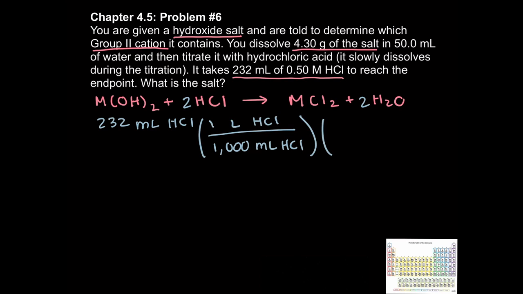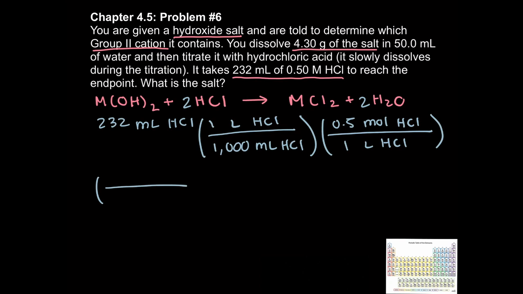Then we will convert it into moles of HCl, as we know the molarity of the solution is 0.5 molar. And finally, we will convert it into moles of our unknown hydroxide. Through our equation, we know that it is a 2-to-1 ratio of HCl to our unknown.